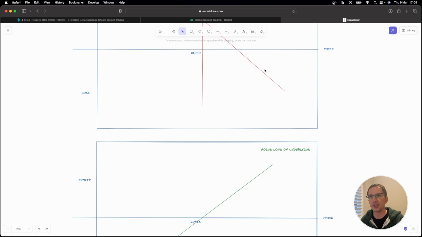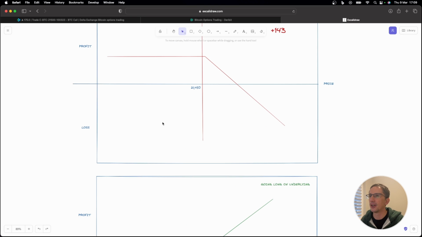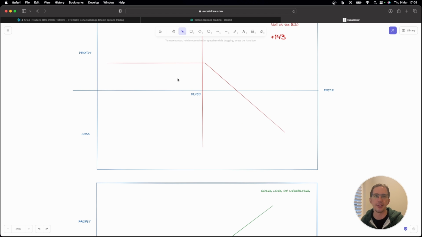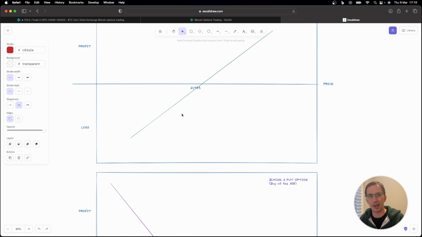And therefore, this loss is negated by this profit over here. Now, the downside of that is if the price of Bitcoin goes down, you can see I lose money. And that's only partially covered by the call that I sold. Covered call. Using a lot of terms that options traders will be like, okay, I see how we got there. But here we go. So there I've taken the income, and here I'm losing some money.